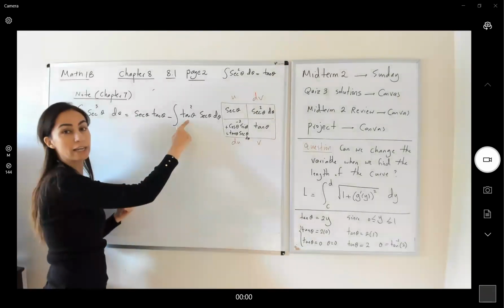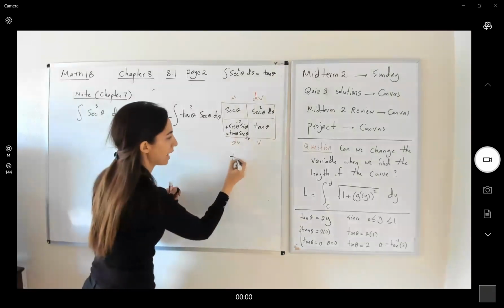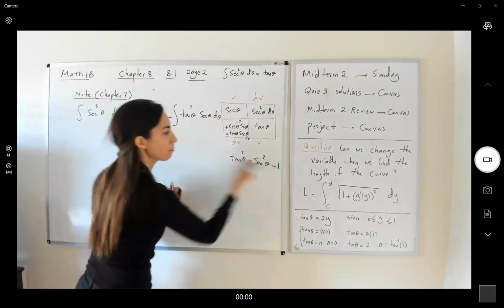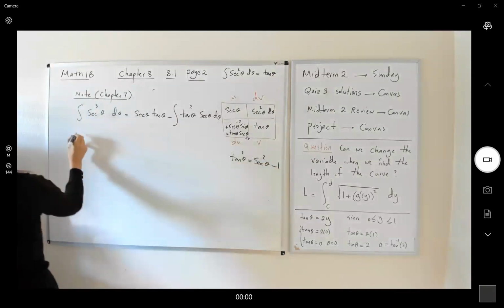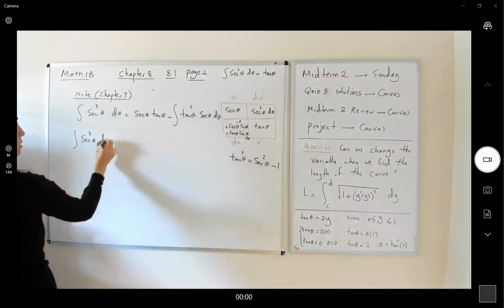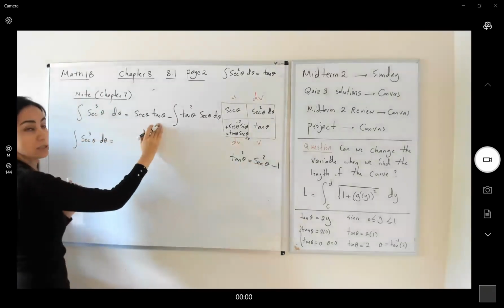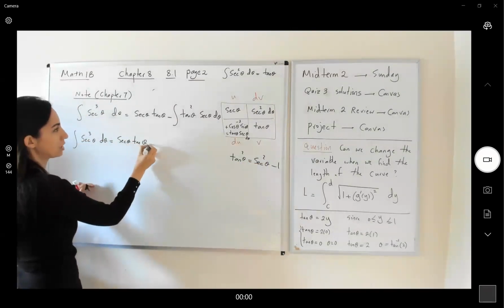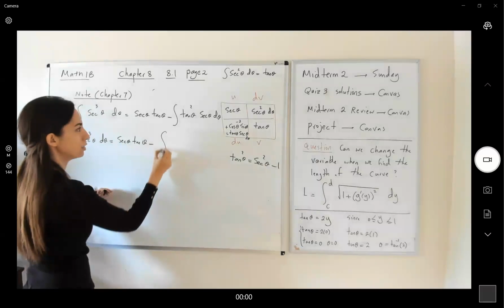Now take a look at your tangent squared. Tangent squared of theta is equal to secant squared minus 1. So the integral of secant to the third theta d theta, you copy down these two, which is secant times tangent theta minus the integral.